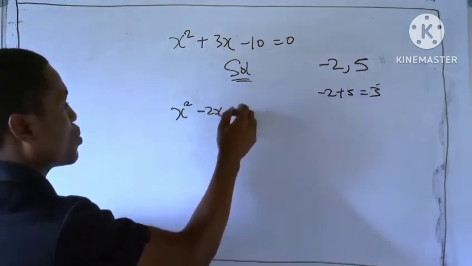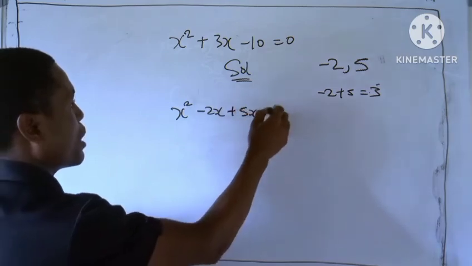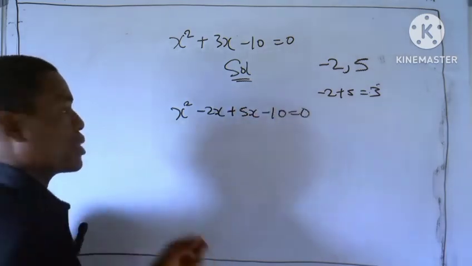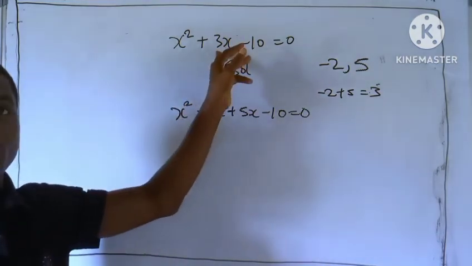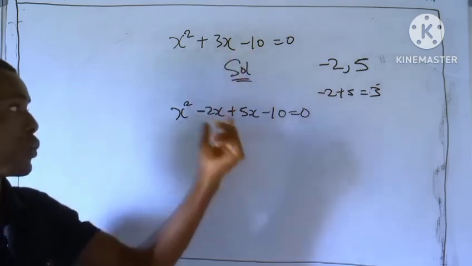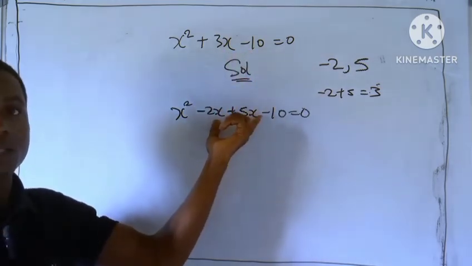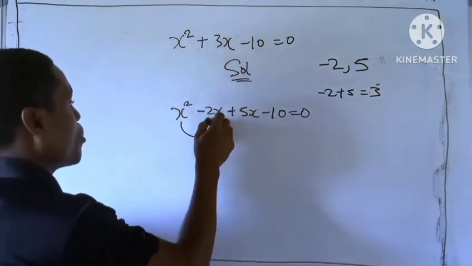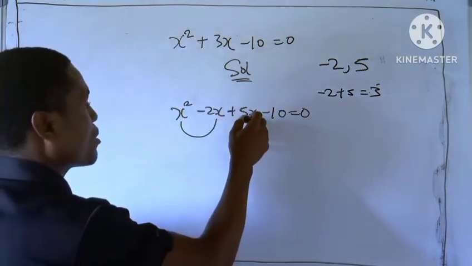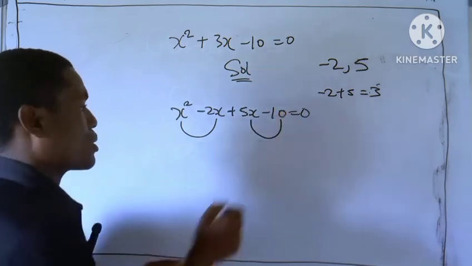Plus 5. So plus 5x minus 10 equal to 0. Okay, note that the second number we have x, so you must attach x to the given numbers. Are you getting it? We have x squared minus 2x and 5x minus 10.